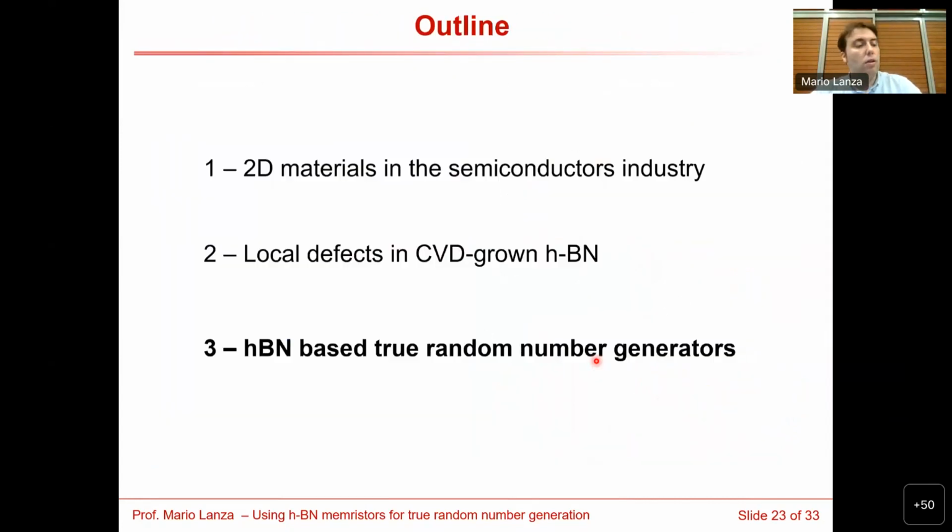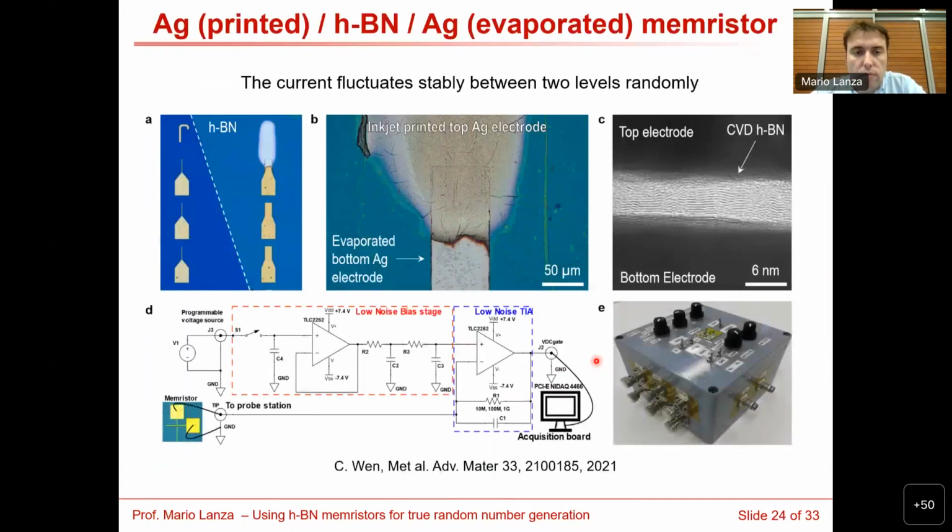Okay, I would like to show you what we have done in my lab about multi-layer hexagonal boron nitride based true random number generators. Here you can see one example. We have a bottom electrode material on a silicon oxide wafer.